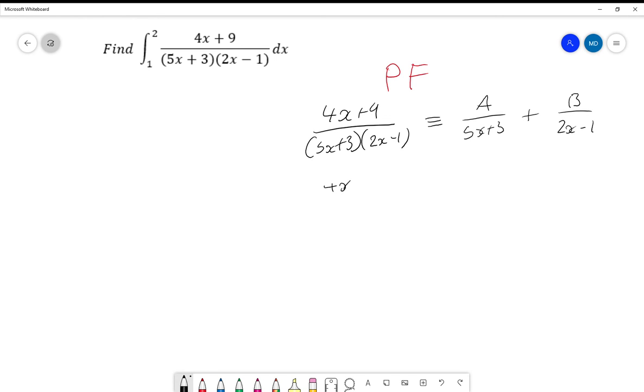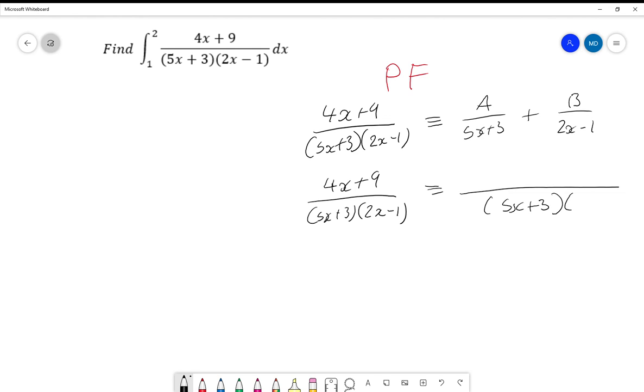which then is going to give us 4x plus 9 is going to be over 5x plus 3, 2x minus 1, the same as our denominator, since we're aiming for the same denominator, so let's write that in there. Which means we had to multiply the a by 2x minus 1.